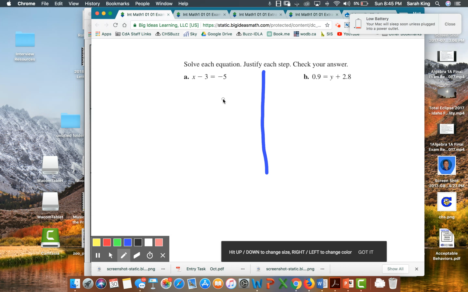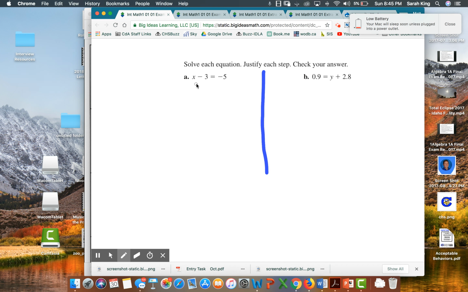The first thing we do is try to isolate the variable. At a real simple level, we try to get everything that's on the same side of the equation as the variable, get rid of it, move it to the other side, or undo it. Inverse operations is what we call this. So we're going to go +3 right there.